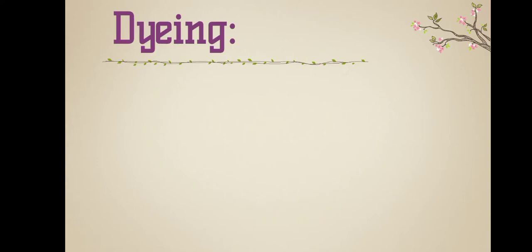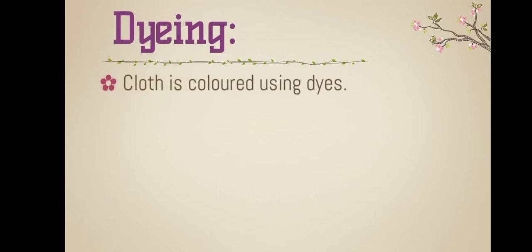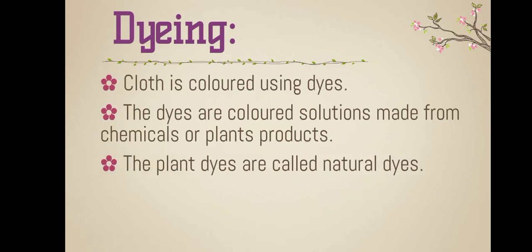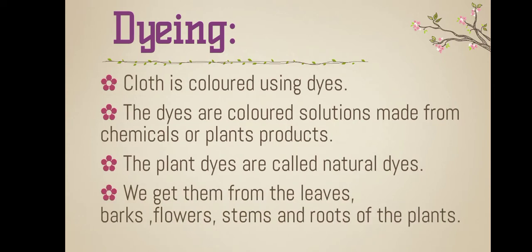Now we are going to see the procedure of dyeing. Cloth is colored using dyes. The dyes are colored solutions made from chemicals or plant products. The plant dyes are called natural dyes.